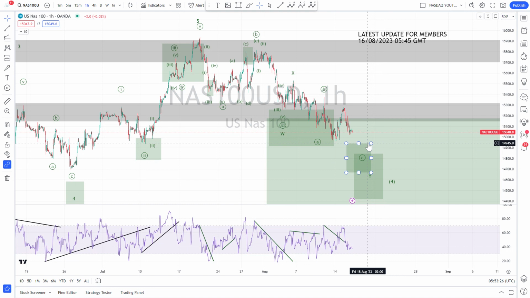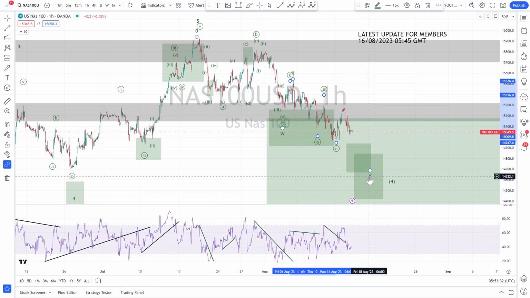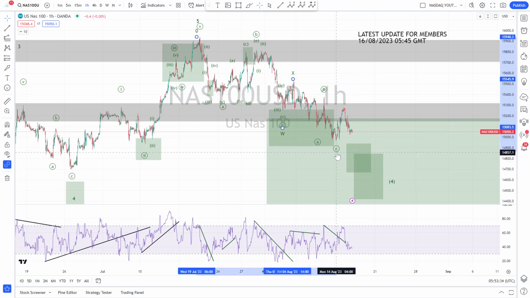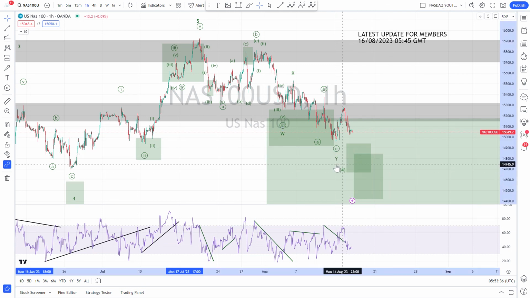Now, there's also a chance that our wave C was finished here. And so if our wave C is finished here, also our wave Y is finished here, and also our wave 4 is finished here.